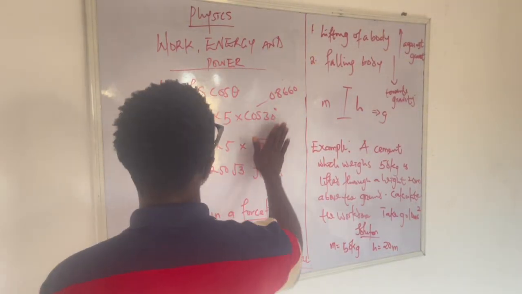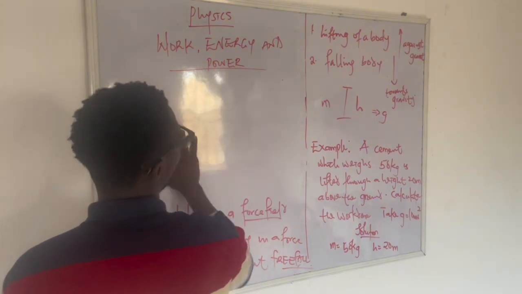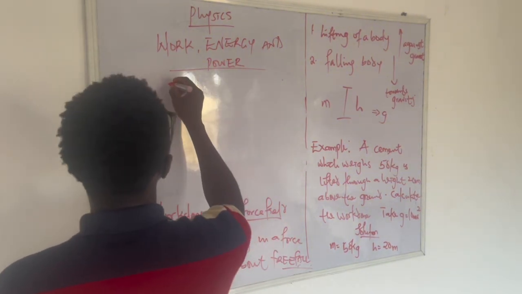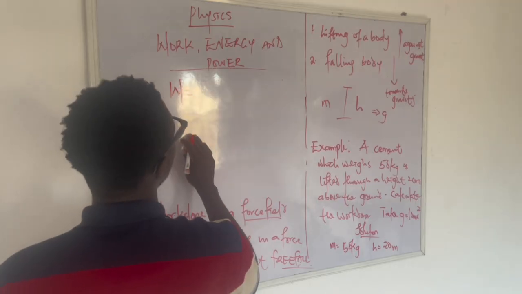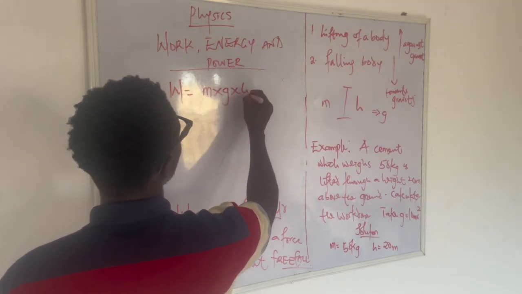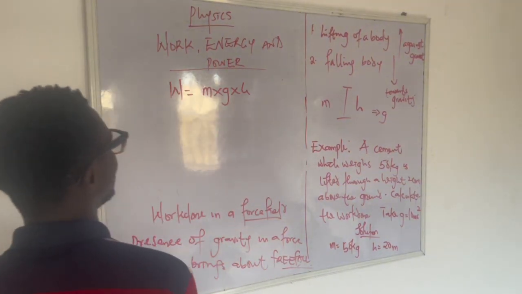Now, in this case, work done in a force field is M times G times H.